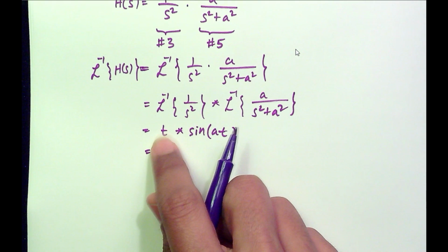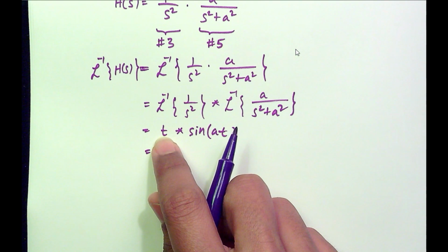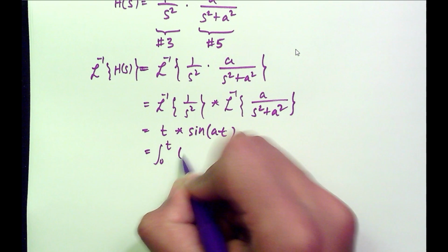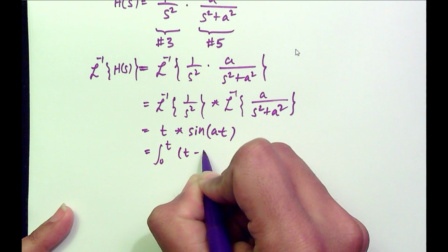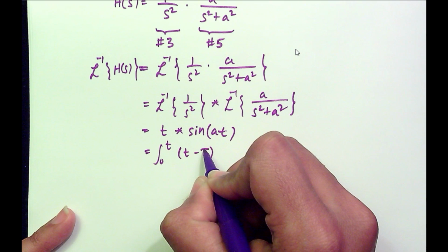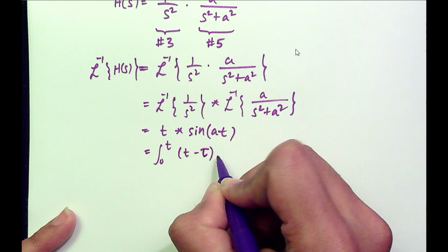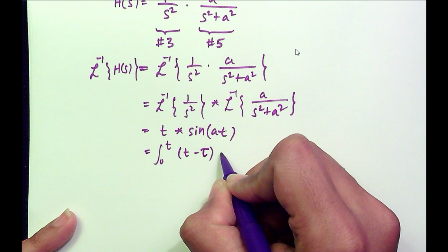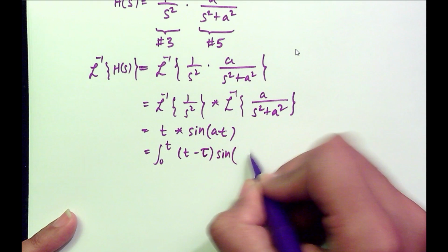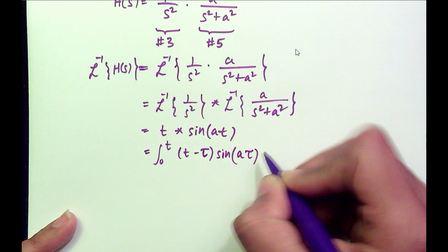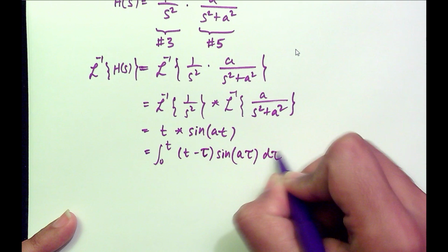So the first function, which is just the identity function t, evaluated at t minus tau, is t minus tau, times the second function evaluated at tau, and then d tau.